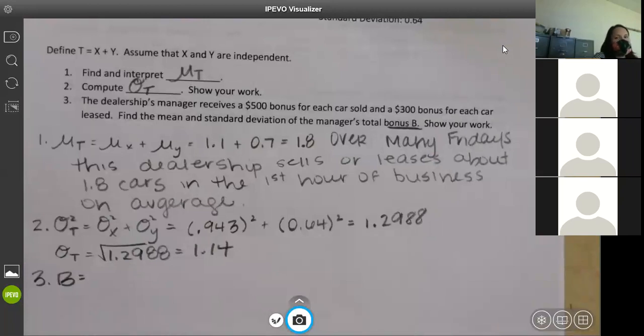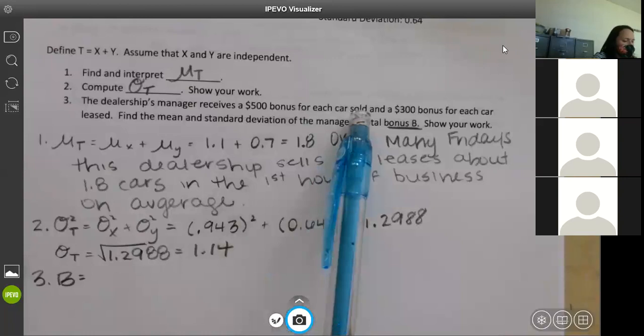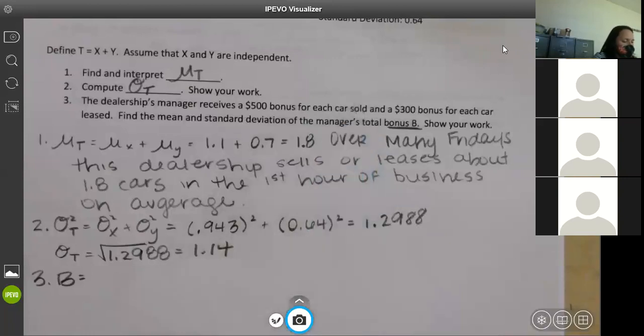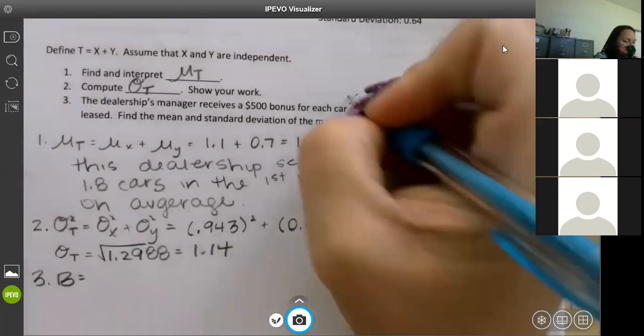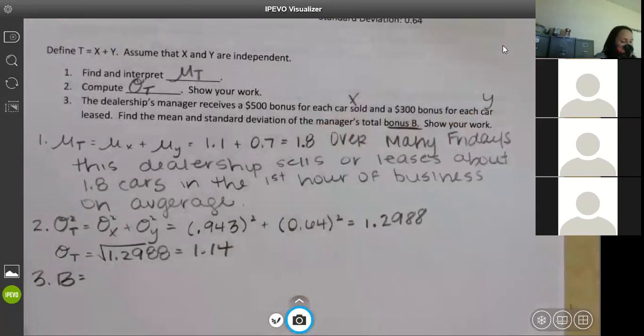Selling and? Yeah, so right here, $500 bonus for each car sold. What represented cars sold? X. What about leased? So give me an equation for that. Would it be 500x plus 300y? Mm-hmm.